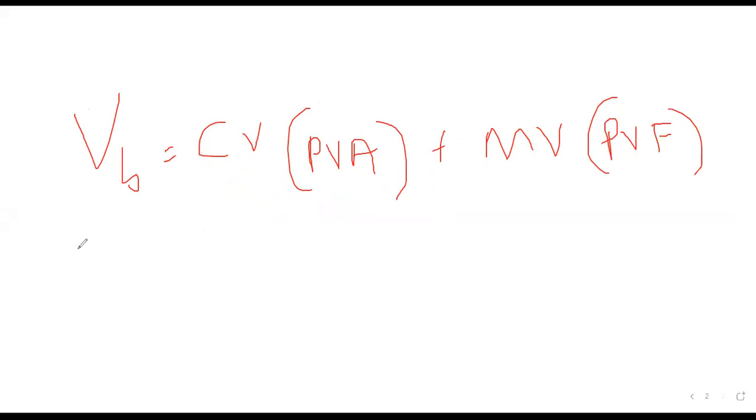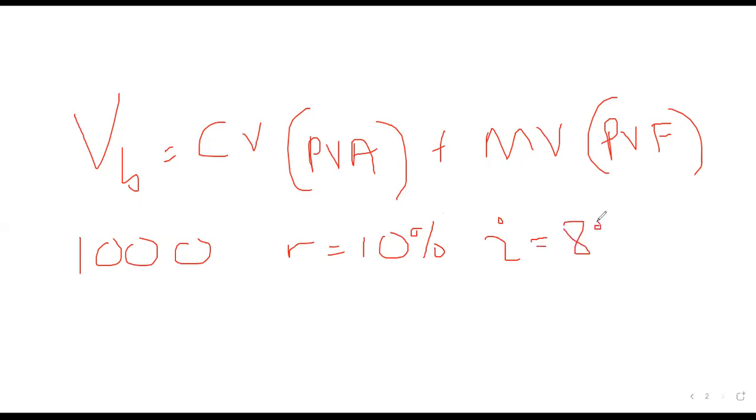Now listen to me carefully. If you have 1,000 kwacha, we have the interest rate, this is the market rate, which is 10%. And we have the coupon interest, which is 8%. And we have the time, which is 5 years. So we need to find the value of this bond. To find the coupon value, we're just multiplying the face value, or the maturity value, times the coupon rate.